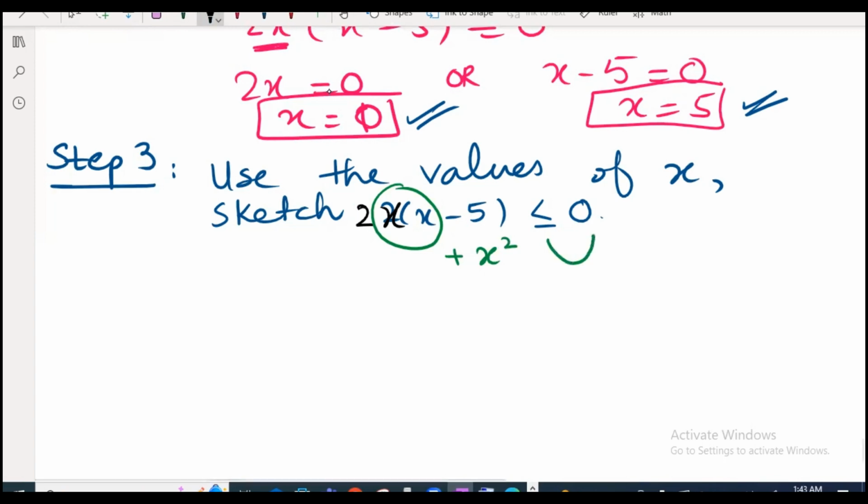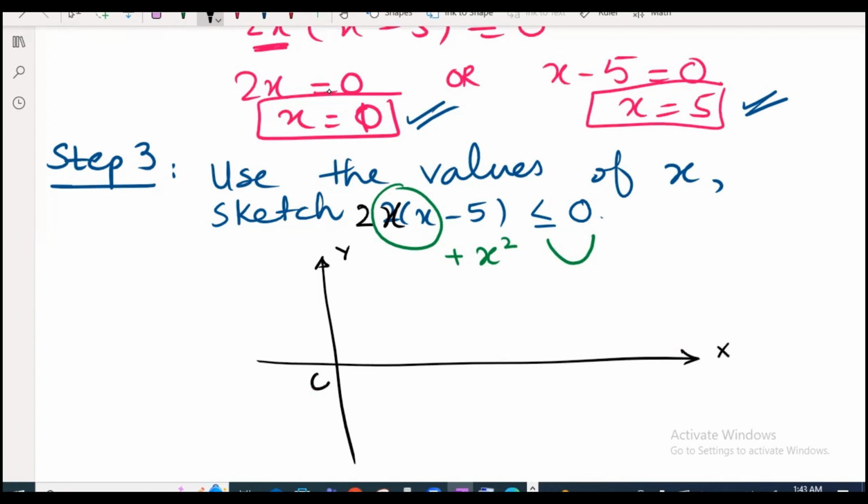So going to sketch this. Zero and 5 here. So this type of parabola will be sketched. This is 2x times x minus 5.